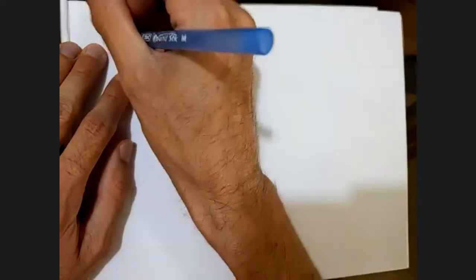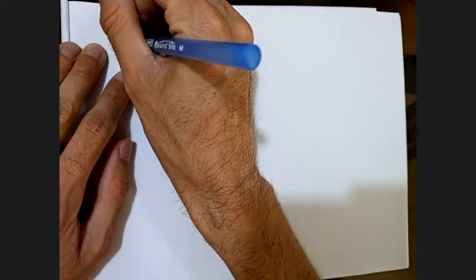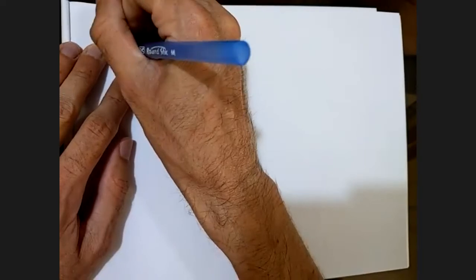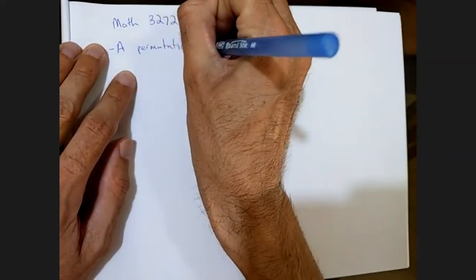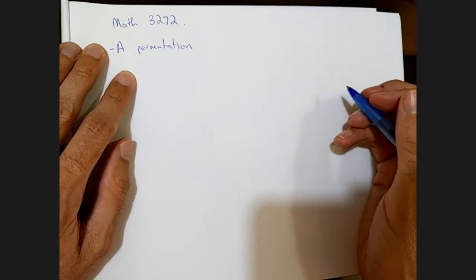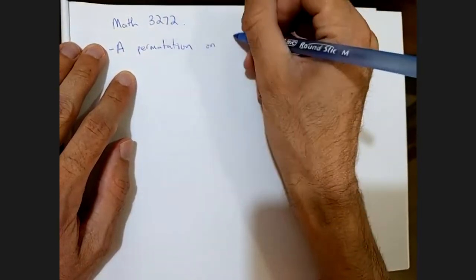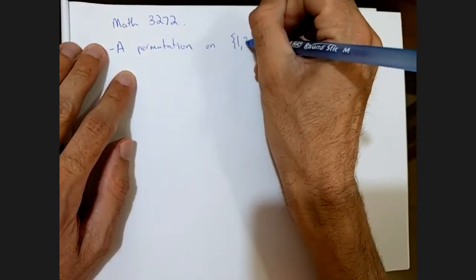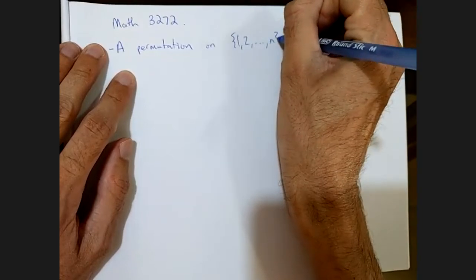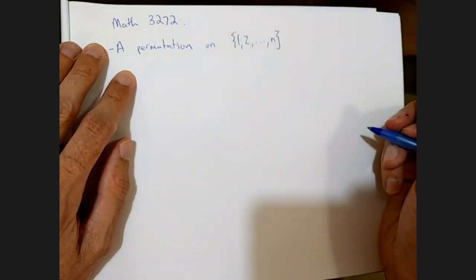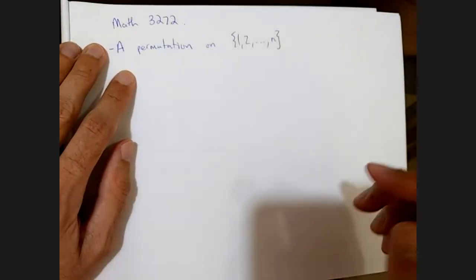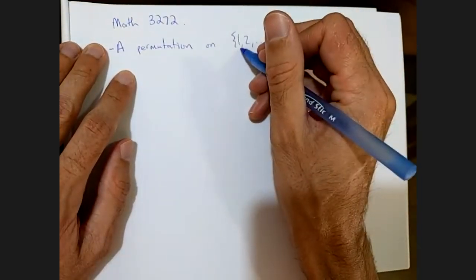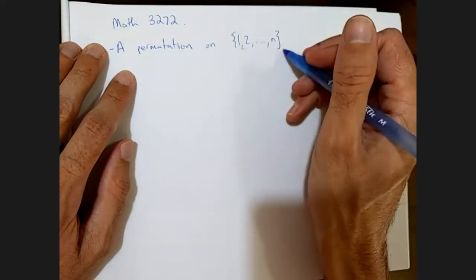Let's just remind ourselves of what a permutation is. On the symbols 1, 2, 3, 4, all the way up to n, a permutation is just a bijection from this set to this same set.